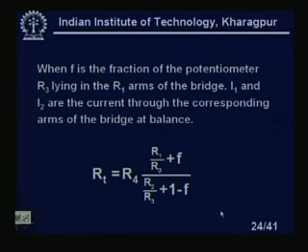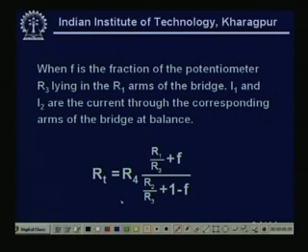Obviously, in the R2 arm the fraction of the potentiometer will be R3 multiplied by 1 minus F. That means F R3 will lie in the R1 arm of the bridge, and (1 minus F) into R3 will lie in the R2 arm of the bridge, right. No problem.